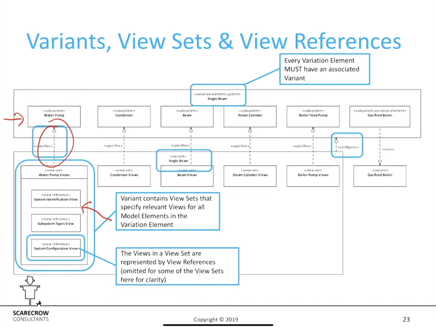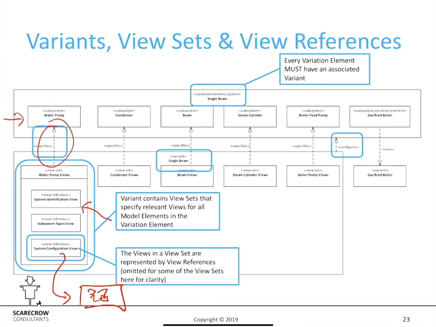And each of those view sets have view references, which are references out to actual views within the model now. I've omitted them for the other things, condenser, beam, and whatever, just to keep the diagram tidy. So these view references now actually do point out to another diagram somewhere in your model that's got, in this case, the configuration view for the water pump that shows all the bits that are on it.